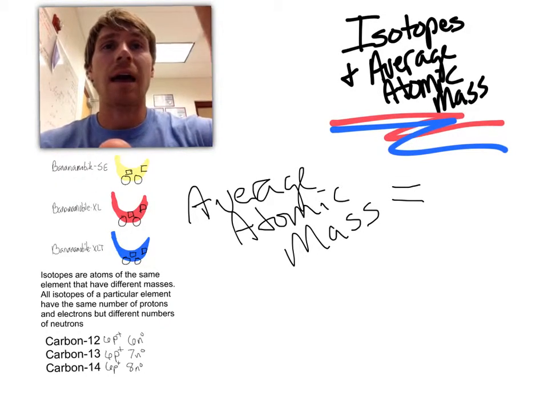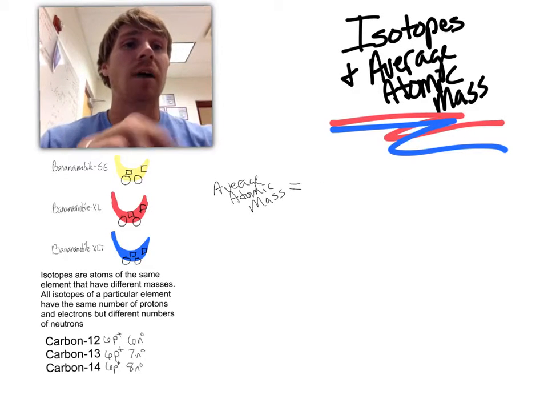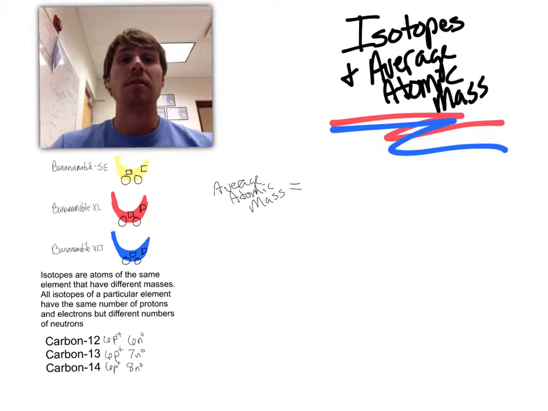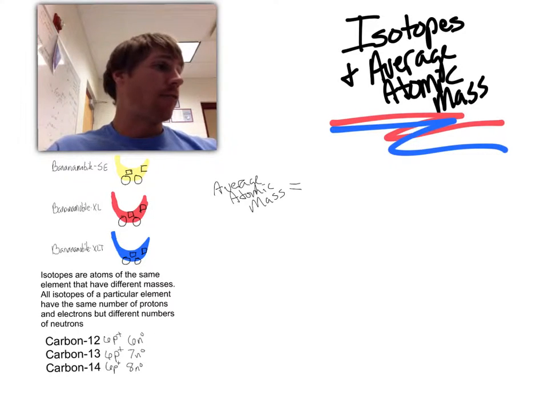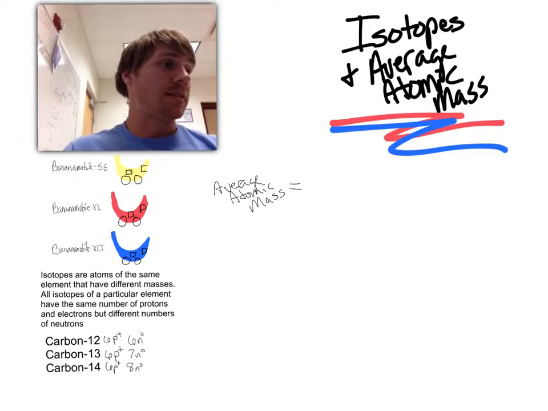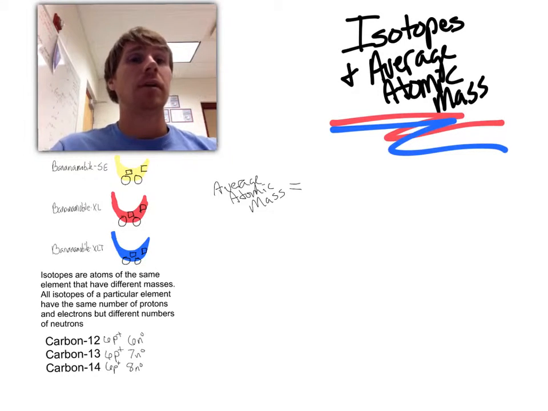Now, what the average atomic mass is, and I'm going to go through the definition, I'm not going to write it down, so you may need to rewind this a couple times to get it: the average atomic mass is the weighted average of atomic masses of all the naturally occurring isotopes of that element. I'll say it again.